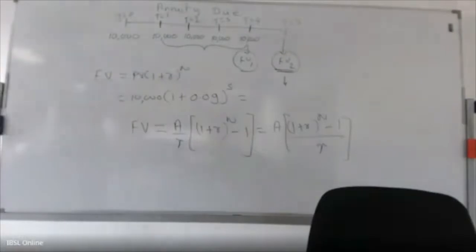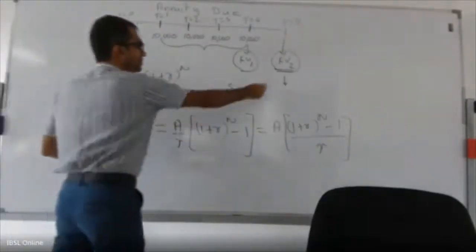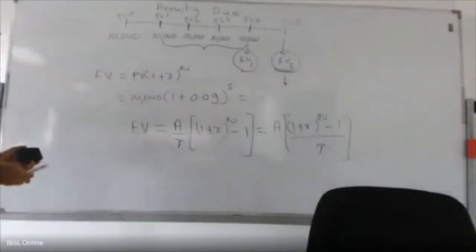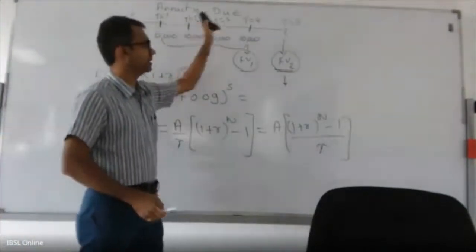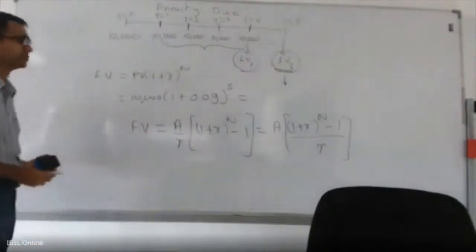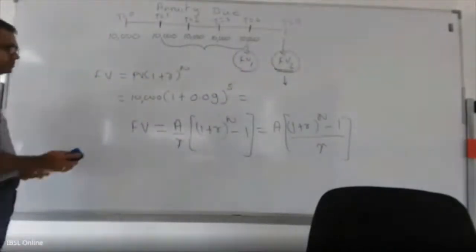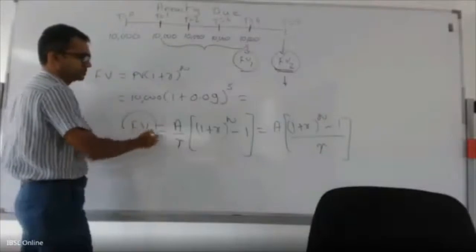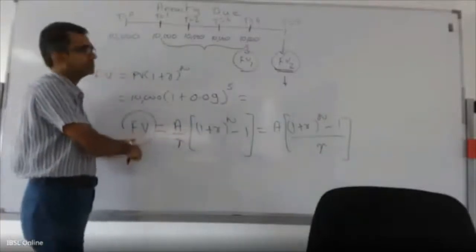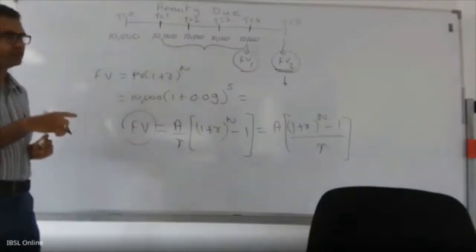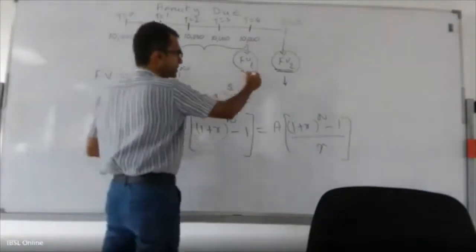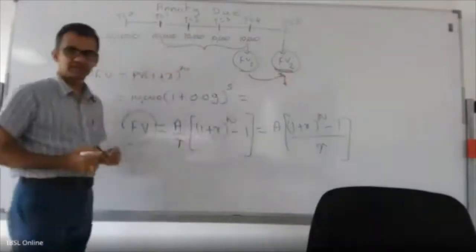Then what do you do to calculate the future value of only these cash flows, but at the end of the 5th year? What can you do? Whatever the figure that you get here using this equation, you can calculate the future value of that figure after another 1 year.